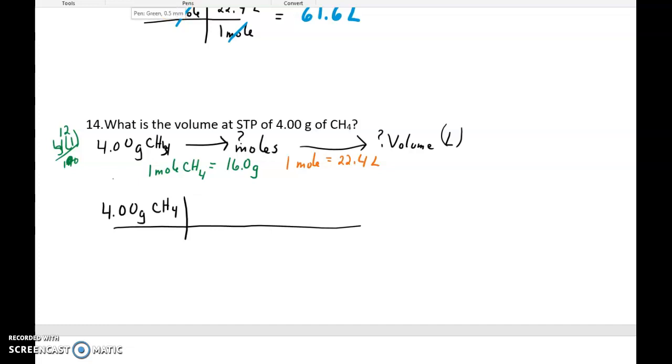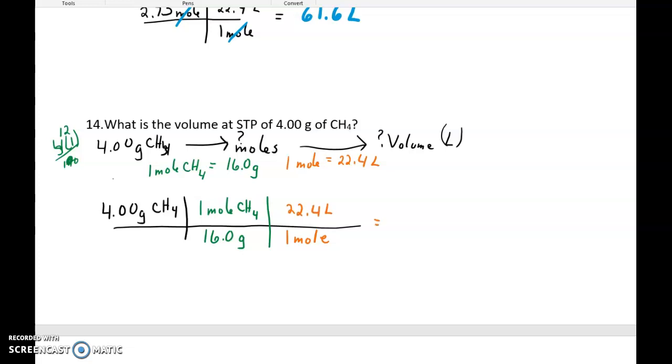We're wanting to get rid of grams, so we'll put our 16.0 grams on the bottom, and we'll put our 1 mole of methane in the top, CH4. Then we're ready to do our second conversion. Now we want to get rid of moles, so I'm going to put the moles in the bottom and the 22.4 liters in the top.